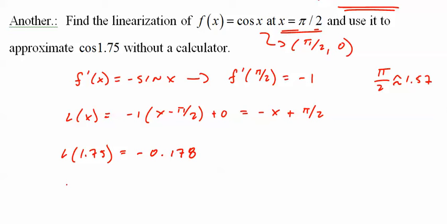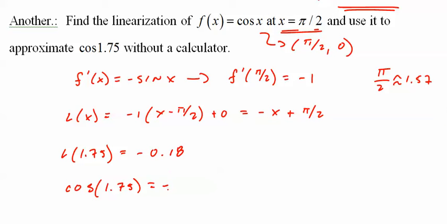If we just did cosine of 1.75, my mistake, this is negative 1.75 plus 1.57, which is negative 0.18-ish.